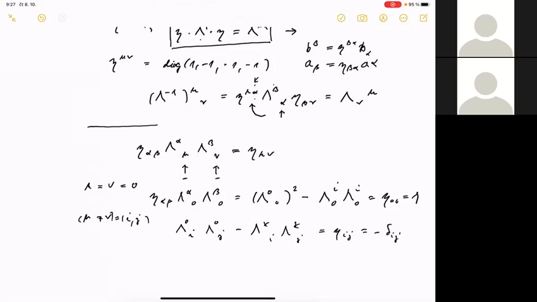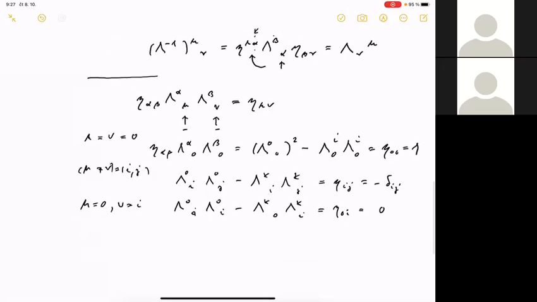And finally, if we take μ as 0 and ν a space index, we get Λ^0_0 Λ^0_i minus Λ^k_0 Λ^k_i, again contracted over the k index, and this should be η_0i, and this is 0.